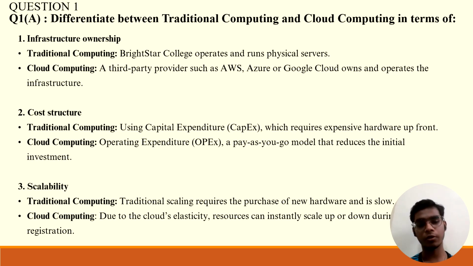Now we're going to see scalability. In traditional computing, scaling requires buying and installing new hardware, which is slow. However, cloud computing allows instant scaling due to its elasticity, especially during peak periods like student registration.